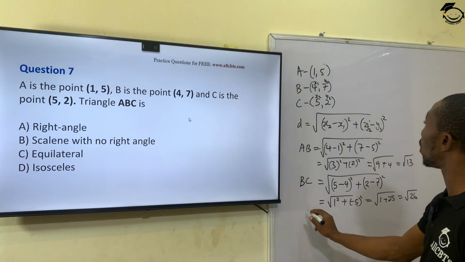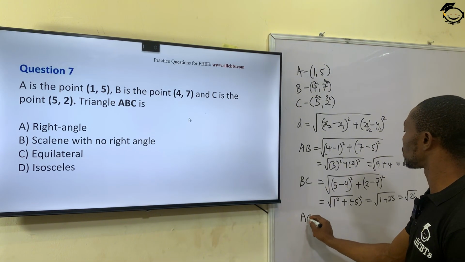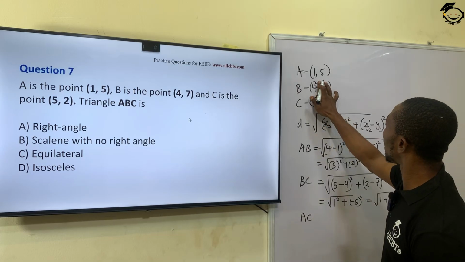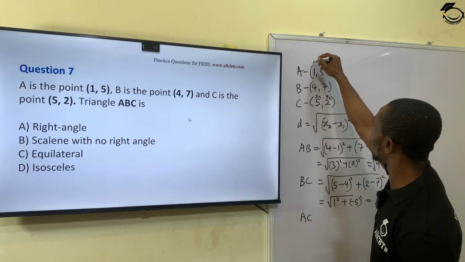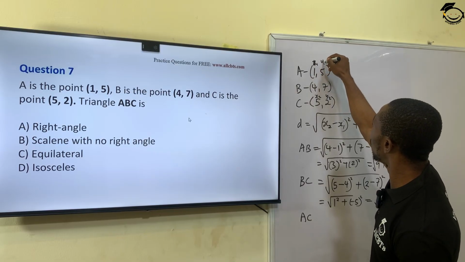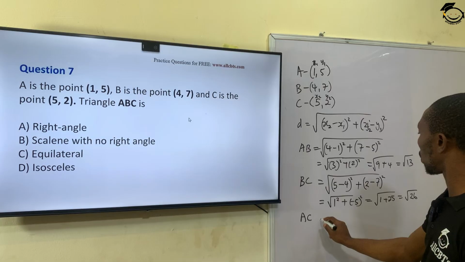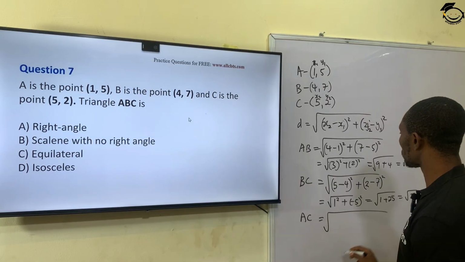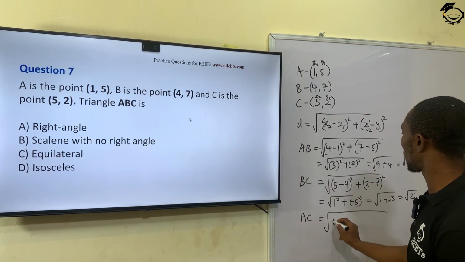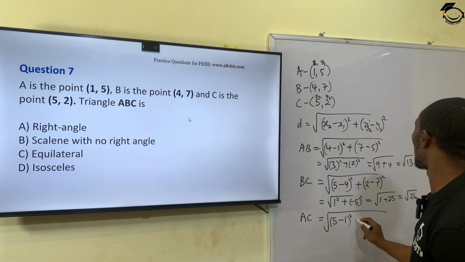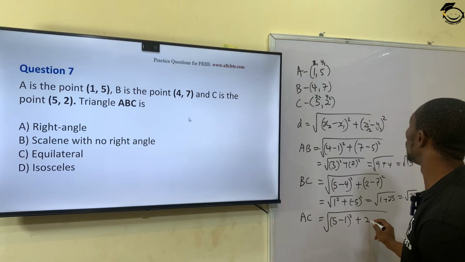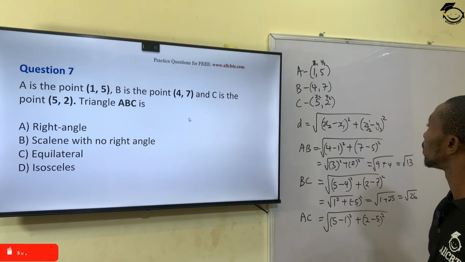Now for AC, this will be our x2, y2, and this will be our x1, y1. So for AC, we have it as root 5 minus 1 all squared plus 2 minus 5 all squared.